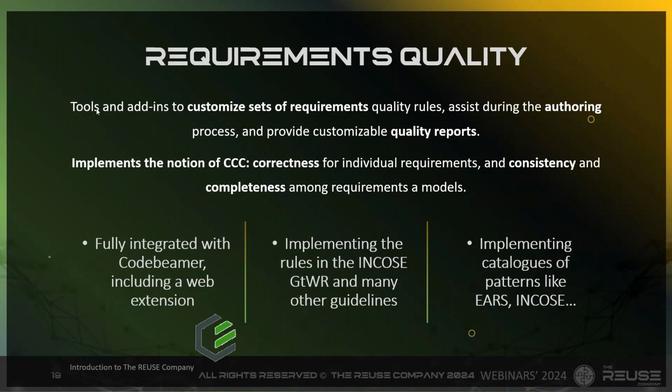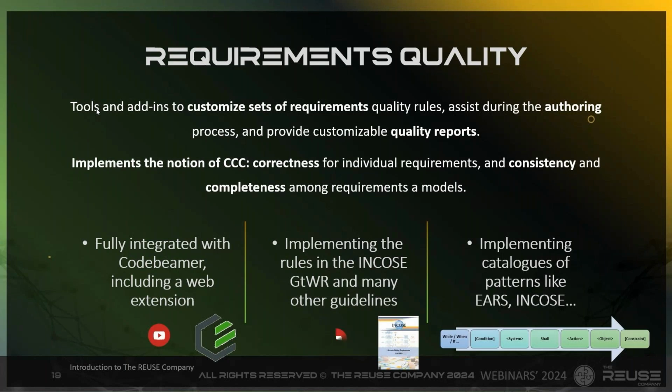Of course, all these capabilities are implemented on top of Codebeamer, including the possibility to check those rules in the INCOSE guide. But as you know, we have plenty of other guides already implemented, like the rules in the NASA systems guide, or the ESA rules for drafting requirements, and plenty of others.